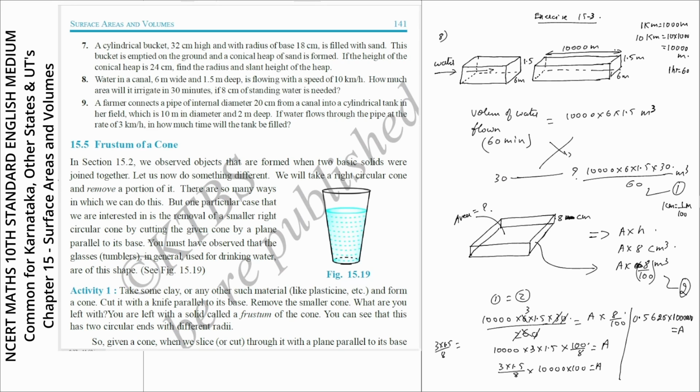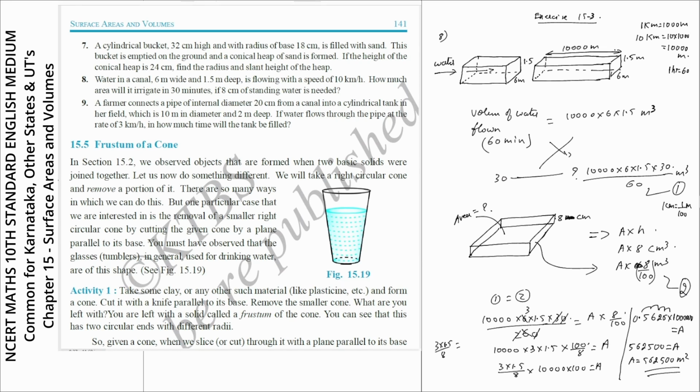So now if I multiply this, I should shift the decimal place by 6 to the right side, 1 2 3 4, 5 6 2 5, and another 2 zeros. So area A is equal to 562,500 meter square. This is the answer.